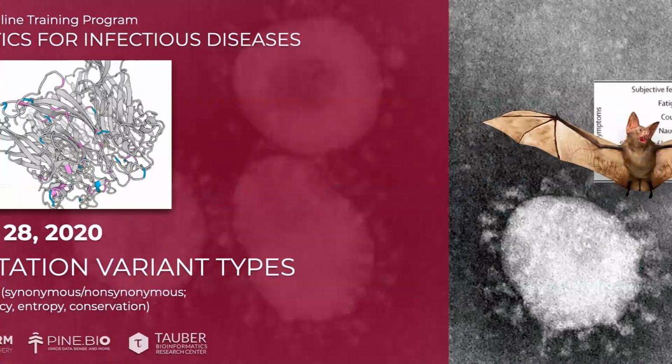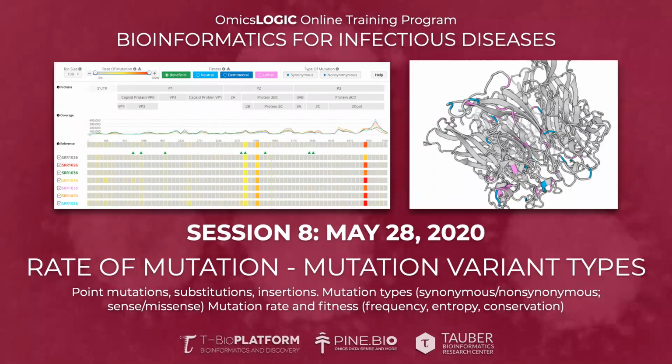Okay, so then we started talking about different types of mutation variants, how we can look at different properties of mutations and think about how those properties affect the 3D structure of proteins and how we can map those and understand what impact that might have, for example, on binding to cell receptors, or also in general, how we can start understanding, by looking at mutation variants, what types of mutation variants could be beneficial or detrimental for the viral adaptation.